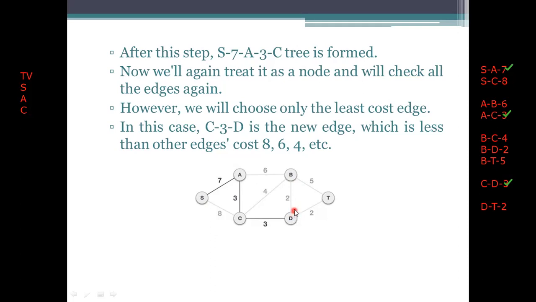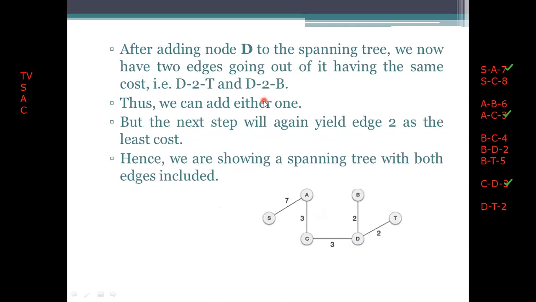We can take any edge from that one, because from D to B it is also having the value 2. From D to T it is also having the value 2 here. So we need to consider any one among them. So we took D to B as a 2 and then another one is D to T as the 2.